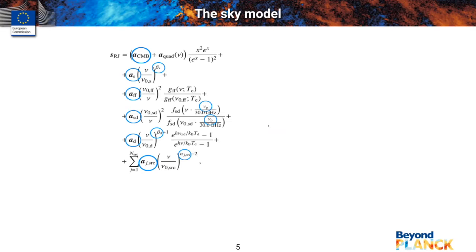Before we continue, I want to present the sky as we interpret it in BeyondPlanck, and the level of complexity that the included data allows for currently. So the components in our model are, of course, the CMB, which is represented by a black body, and the relativistic quadrupole term here. That's fixed, that's not sampled in our framework.